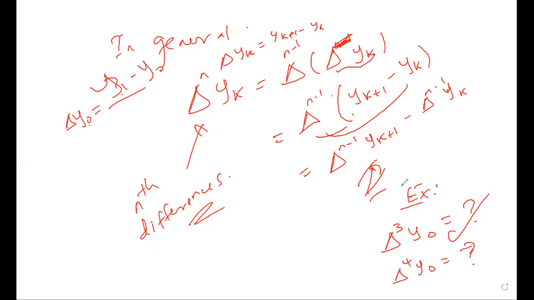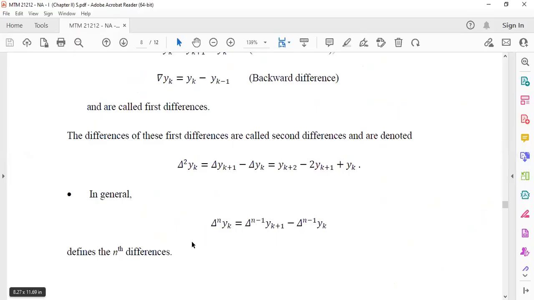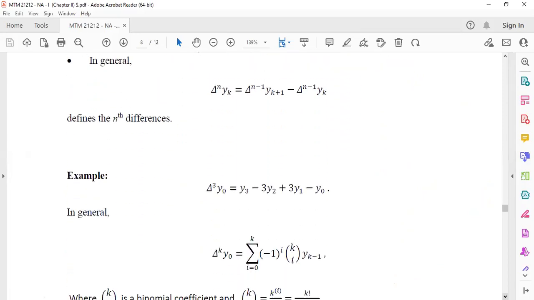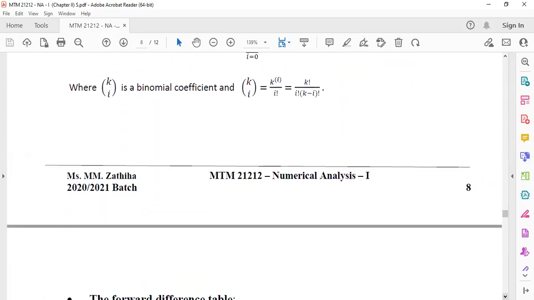Before that, I wanted to teach you some more things as well. We have less than 10 minutes. So this is what I told you. In general, this one. Let me try this example.